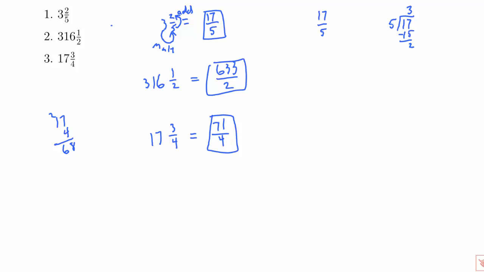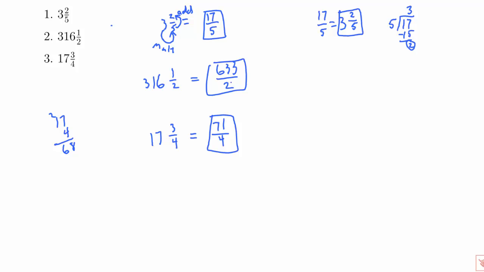Notice that 2 is less than 5, good. So the number up here is your integer, it's your whole number. This 2 is your remainder, so it's your numerator, and your divisor always stays your divisor, so the denominator is always 5 in this case. So 17/5 can be converted into a mixed number as 3 and 2/5.